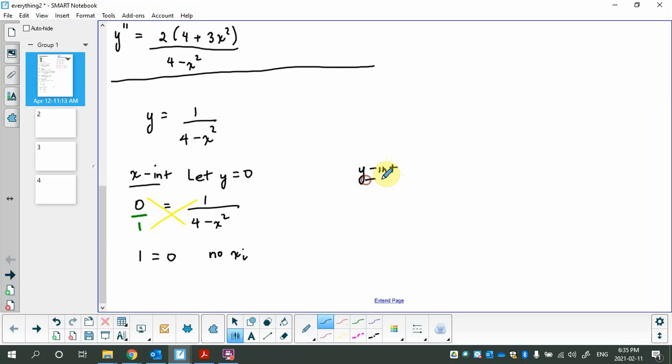Y-intercept, let x equal 0. Showing as much or as little work as you want. And we're done. And at some point, I have to come back to this page to remind myself that I have no x-intercept and I have a y-intercept of 1 over 4.